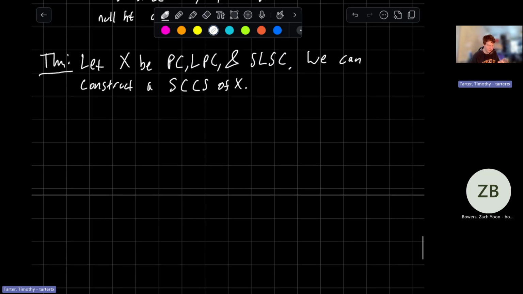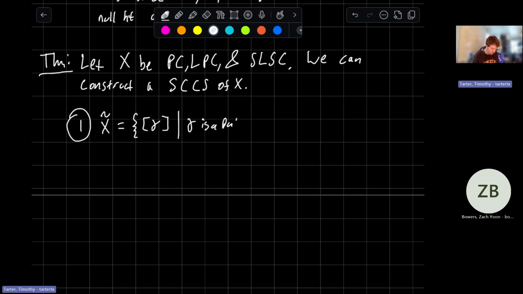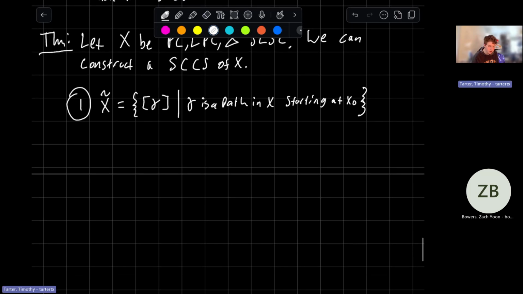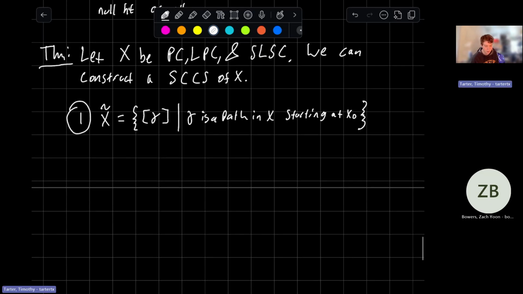So given all of our assumptions, we're going to define X tilde to be the set of paths starting at x naught.